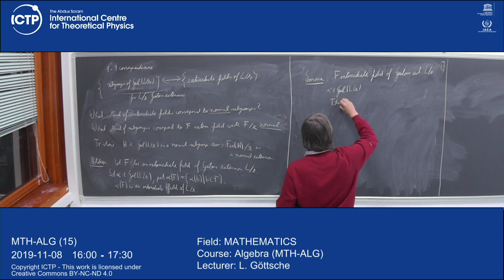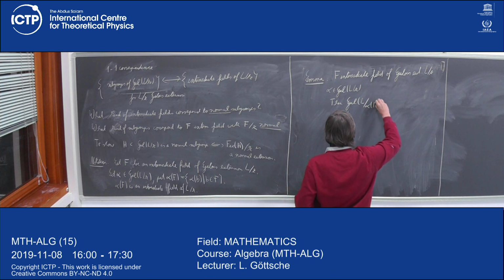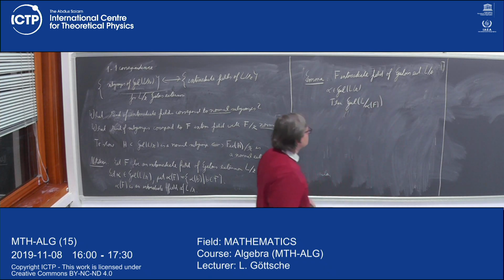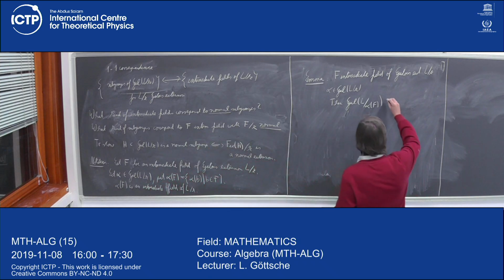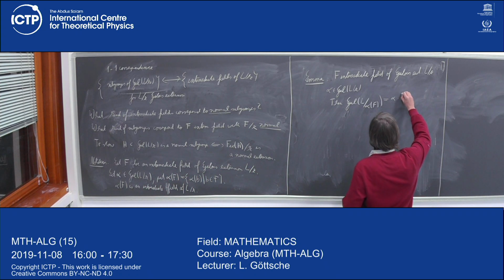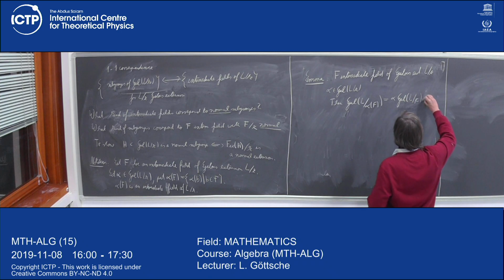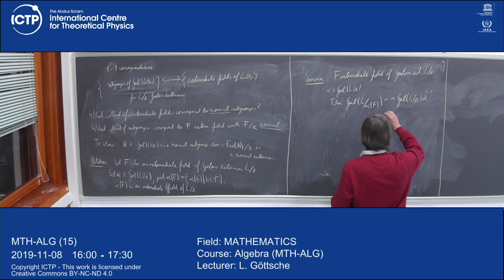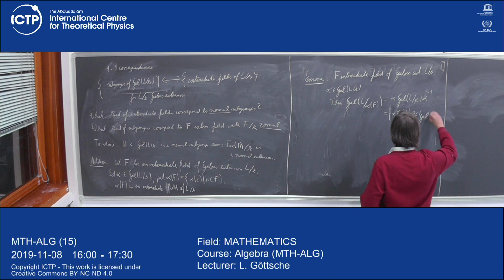Then the Galois group of L over alpha of F, what can it be? I claim this is alpha times the Galois group of L over F times alpha to the minus 1, which is the set of all alpha phi alpha to the minus 1, where phi is in the Galois group of L over F.